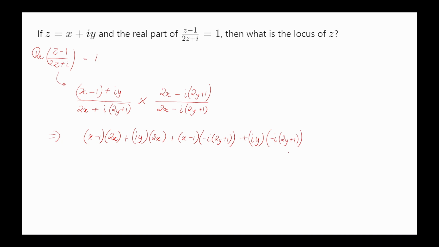So this is what we will get in the numerator, and in the denominator we are going to have 4x square. This iota square would become minus 1, so we would have a plus here. This would be (2y plus 1) whole square.